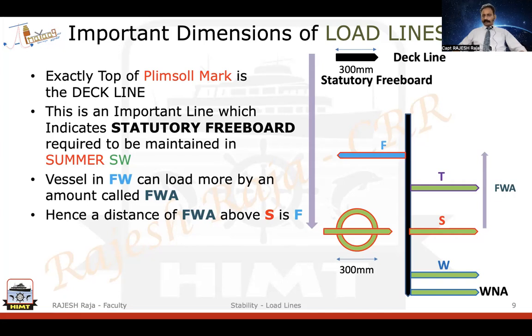You should realize that whenever you sail between freshwater and seawater, there is either a rise or sink depending on the direction. So when you come from salt water to freshwater, you will have a sink.